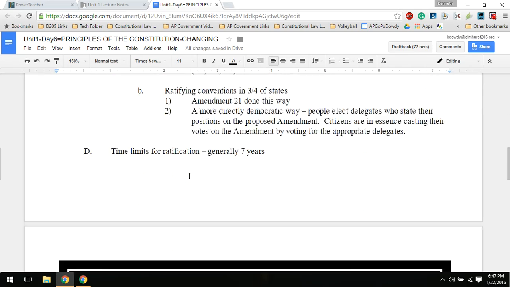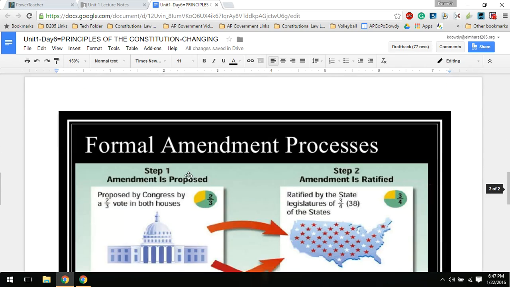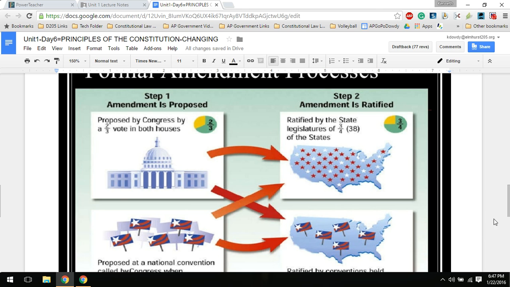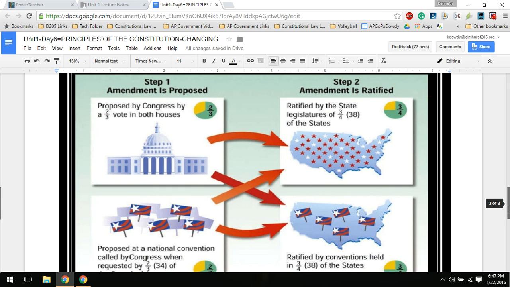Now, formally is a process, and I'm just going to skip this here and go right to the chart. Formally is a way in which Congress can change this Constitution rather easily. And in this regard, you have the steps in the process. You have the national step, which is a 2/3 step, which you'll see on the left here, in regards to proposing an amendment or changing the actual wording of the Constitution.